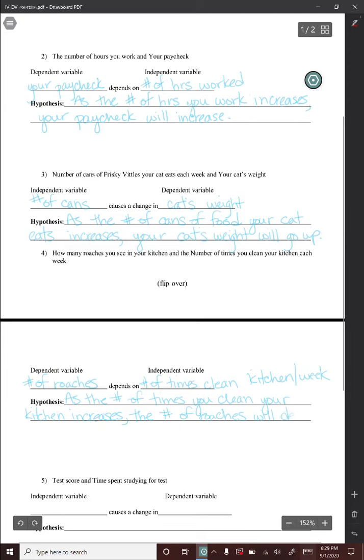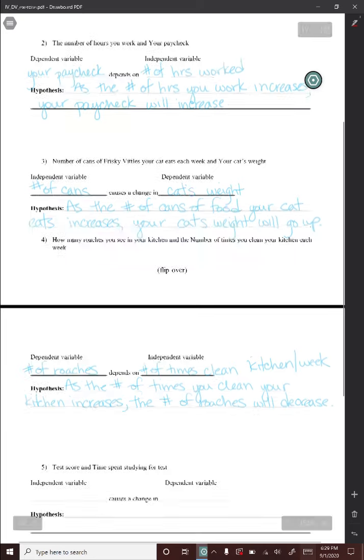So the more you clean, the fewer roaches you should have. So as the number of times you clean your kitchen increases, the number of roaches will decrease. Sorry, I got a little messy there.